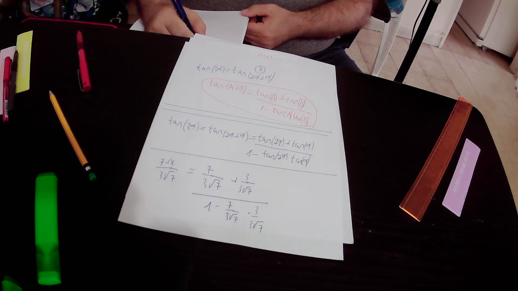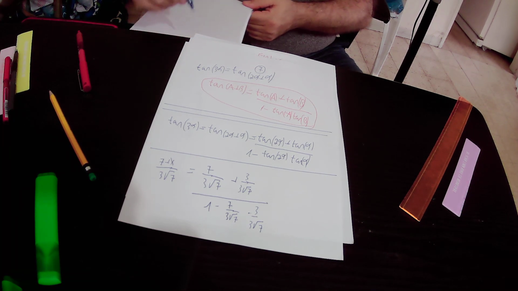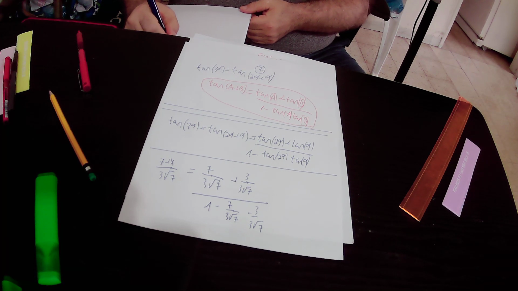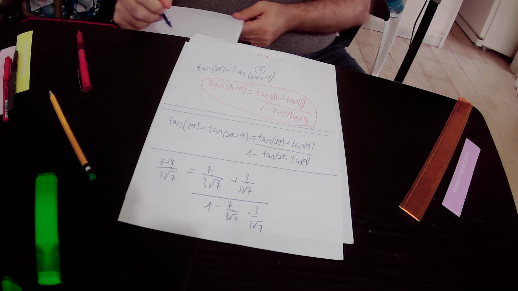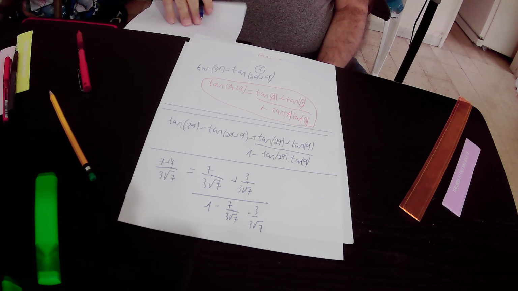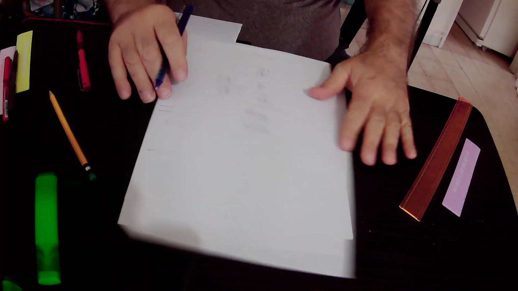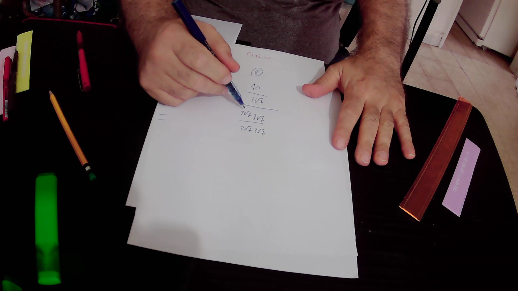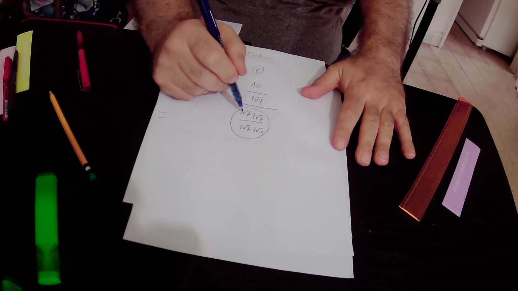So we will get that 7 plus x over 3 times root 7 equals, here 7 plus 3 is 10, 10 over 3 times root 7, over the substitution of 1 by this expression, which equals 1.